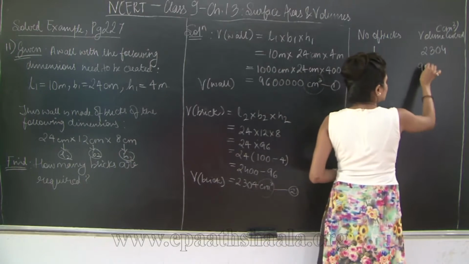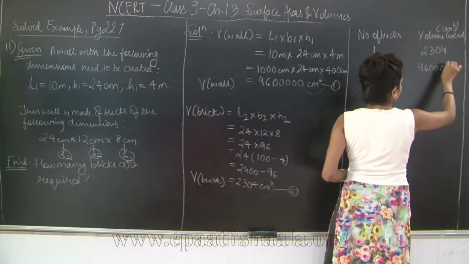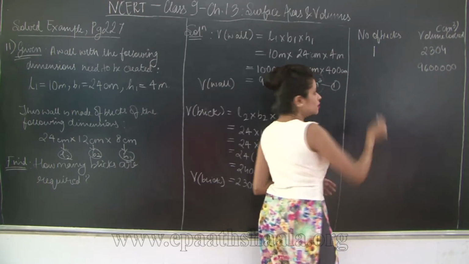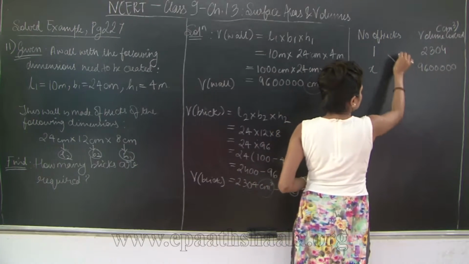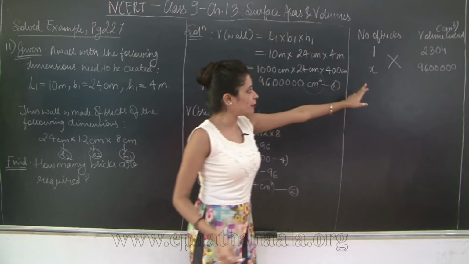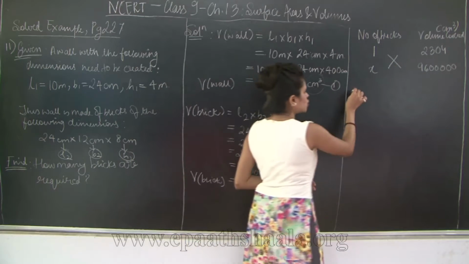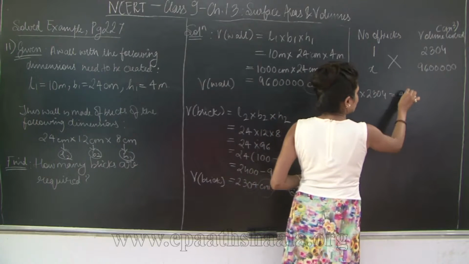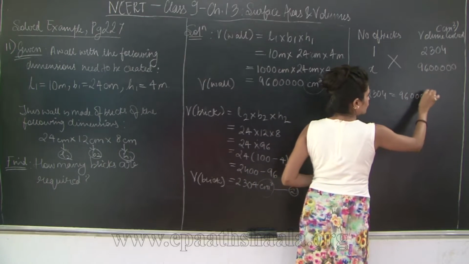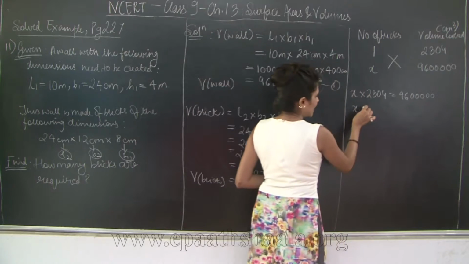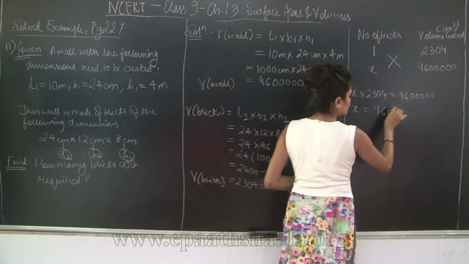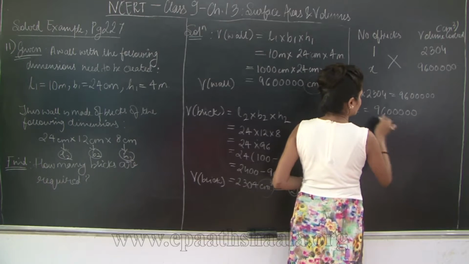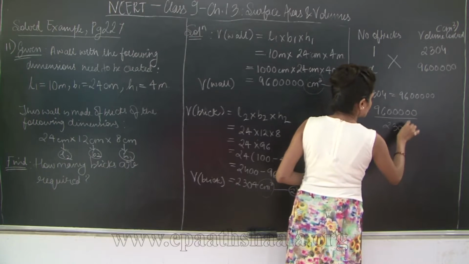So 96,12,345 cubic centimeters will amount up to how many bricks? I'll say x, because the number of bricks is what we need to find. So x into 2304 is equal to 9,612,345. Therefore, x is equal to 9,612,345 upon 2304.